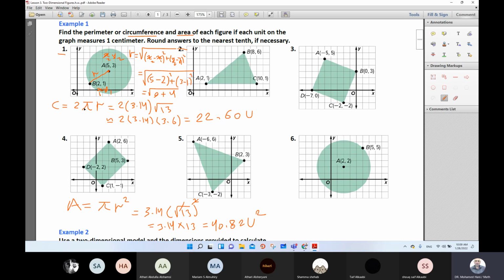Here we have circumference. We can use the same idea to solve the perimeter of the quadrilateral. Here we have a triangle. If you want to find the perimeter, you can add all sides. And if you want to find the area, you can use the area of the triangle: A equals 1/2 multiplied by the base multiplied by the height. This is the base here, and this is the height here.